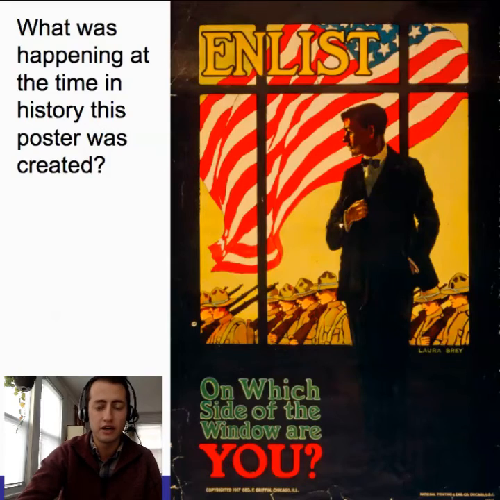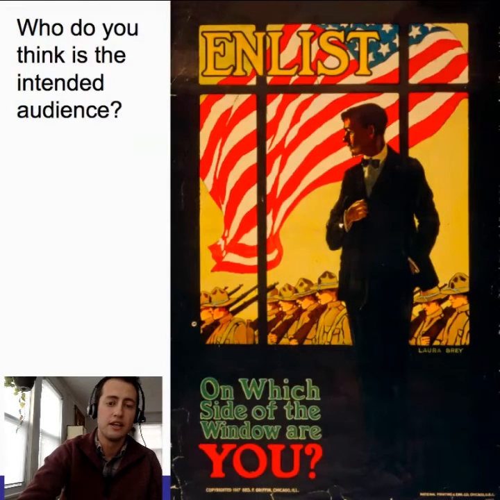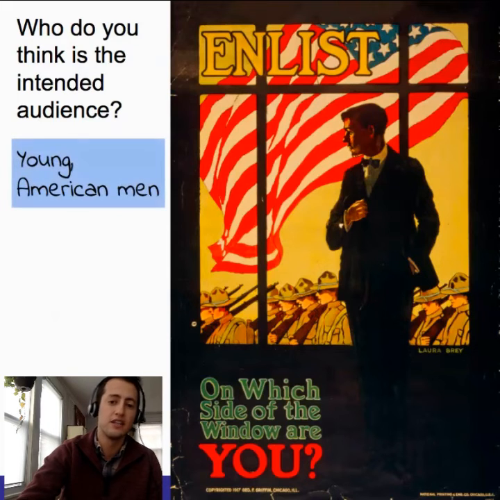That's going to take some background knowledge, but we know that in 1917, the U.S. joined World War One, and they needed to increase the size of their military. So, of course, they're going to try and enlist as many people as possible. And it's important to remember who is the intended audience, because that's going to help you understand the purpose of the poster. So for this one, the intended audience is young, able-bodied males who will join the military.